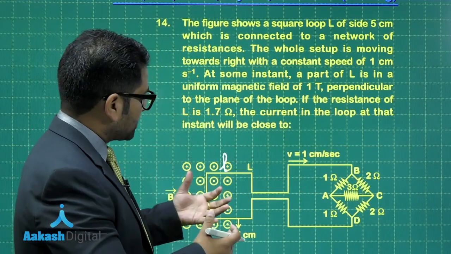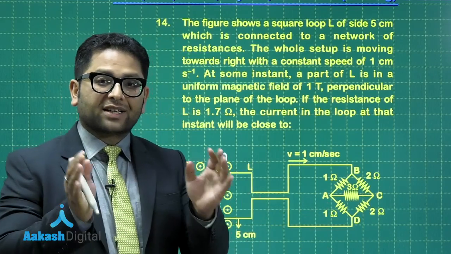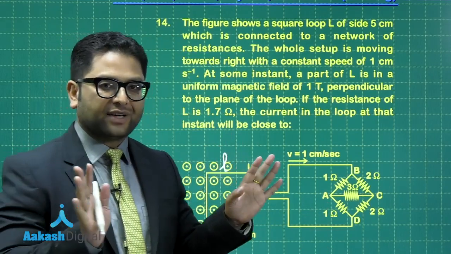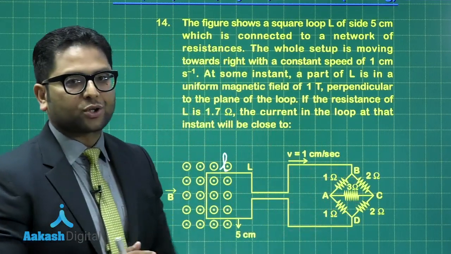The question is being framed by adding 2 or more different concepts together, but they are regular features. This is the motional EMF, and there you need to put the Wheatstone bridge.